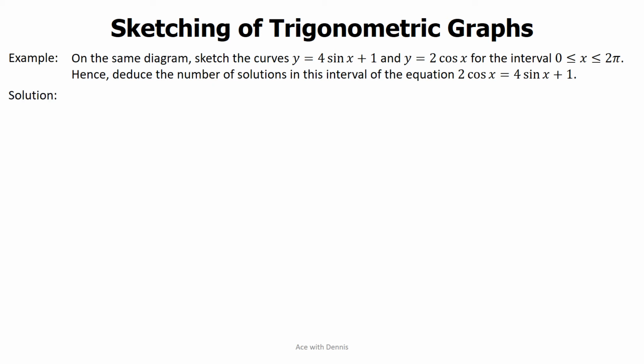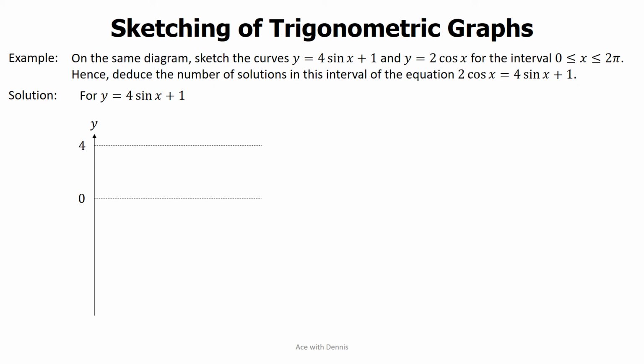So here's the solution. We can draw the graphs one by one. For y equals 4 sine x plus 1, we need to be careful here because plus 1 means we shift 1 unit upward. That's why we start with the dotted line, not a solid line.